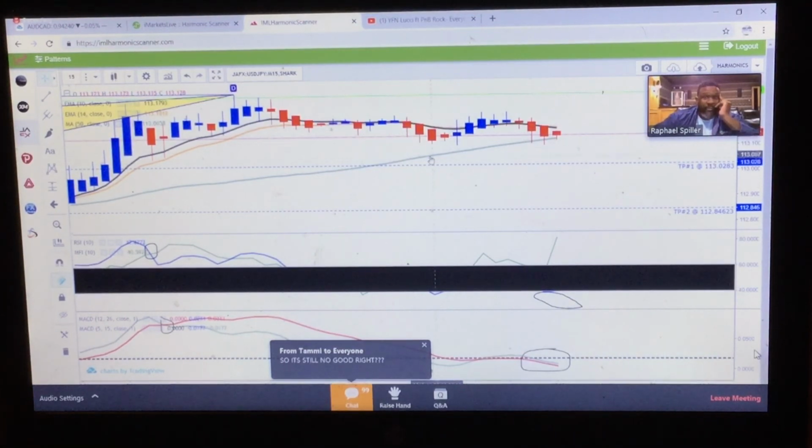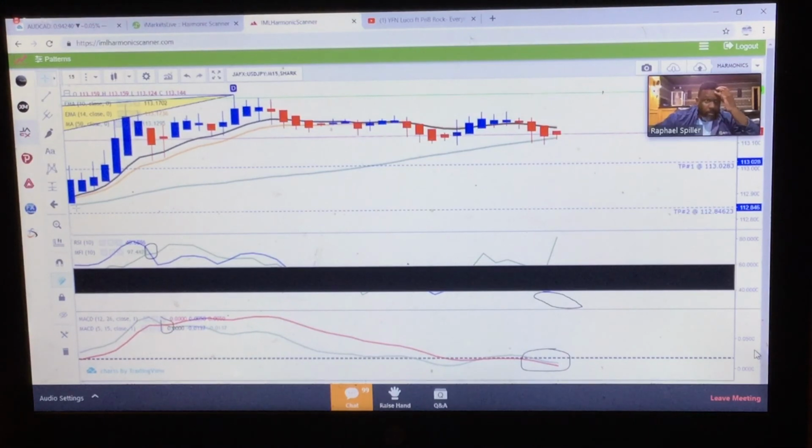It don't like this 50 simple moving average. It is bouncing off of this 50 simple moving average. How do y'all see that?